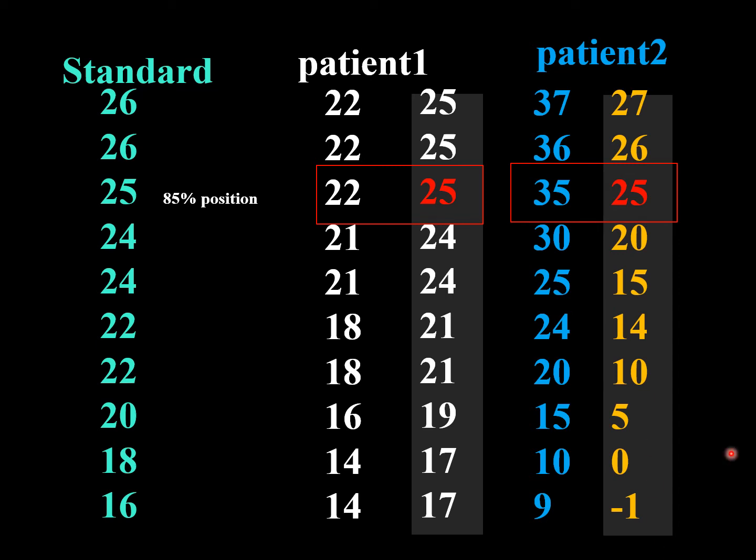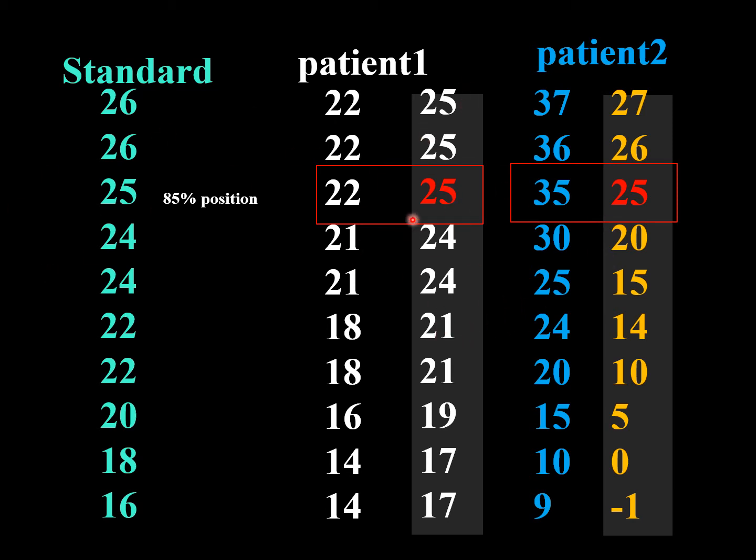So it's something programmed. Just arrange the values of the patient from the highest to the lowest, compare them with the arranged values of the normal age, go to the location 85%, and the difference will be added or subtracted depending on the values.